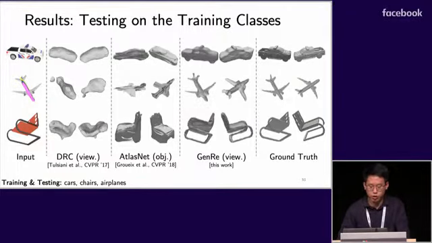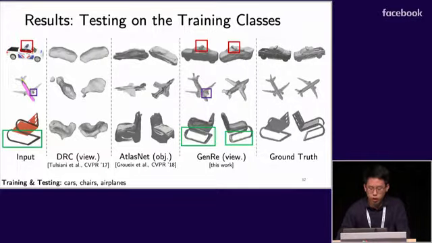Here are the reconstructions by GenRe. The left column shows GenRe reconstructions are view-aligned with the input images, which brings great advantage in generalizing to unseen shape classes, as we will show soon. Note how GenRe is able to preserve the specific shape features, such as the car's top light, the airplane's engines, and the curvy chair base, by exploiting the only views available.